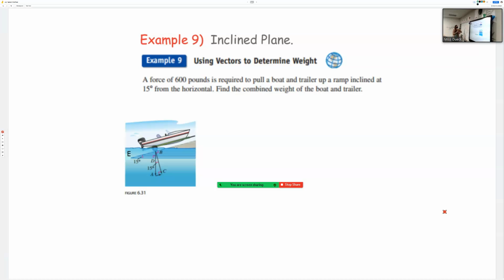Because tangent inverse will only get me to somewhere here or somewhere here, because tangent inverse is restricted to only negative 90 to 90. So let's say your picture has the resultant over here. Then you would need to take your angle and add 180 to get the actual proper angle.